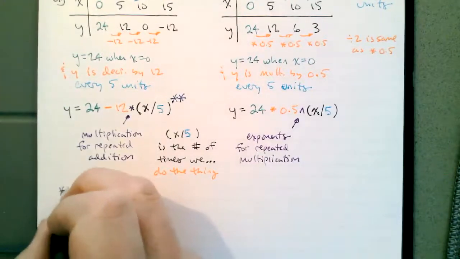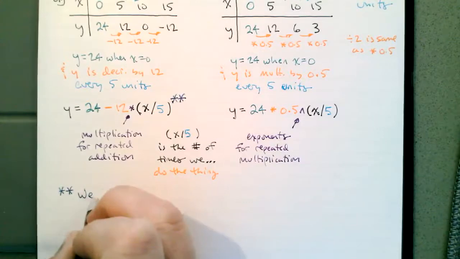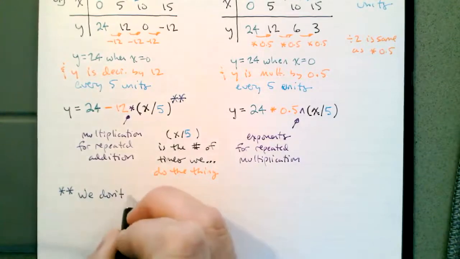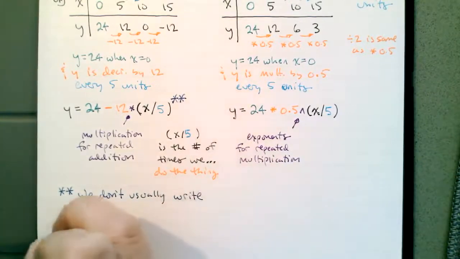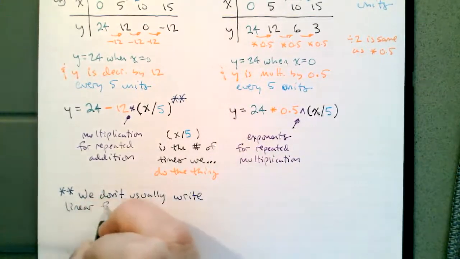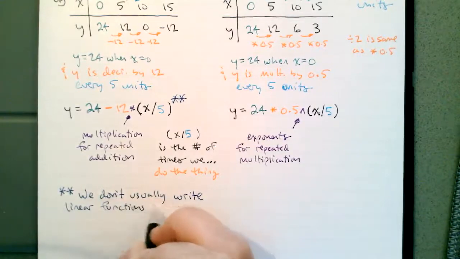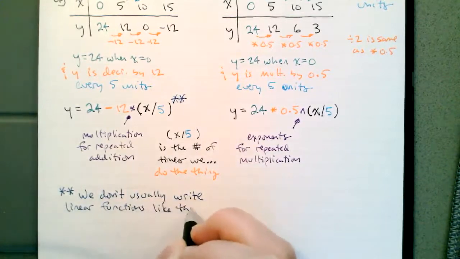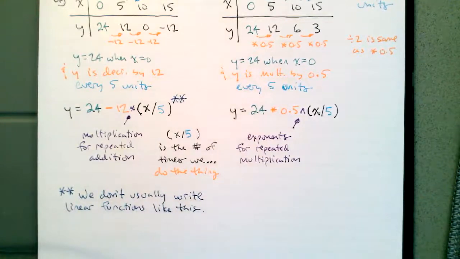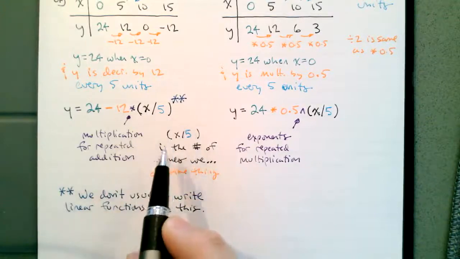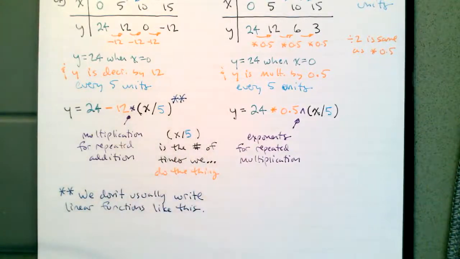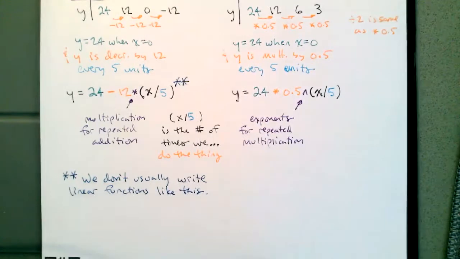Because the 12, the x, and the 1/5 are all being multiplied, we can rearrange the multiplication. We would usually summarize the rise and the run as one number, the slope.